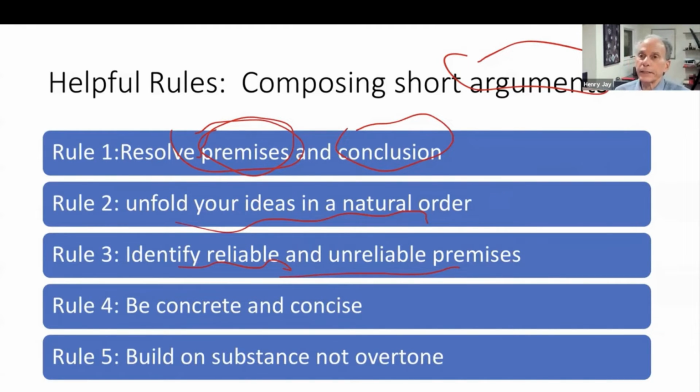How was it calculated? Be concrete and concise. That's an aspect of clear writing that Isabel has been talking about. And then you want to build on substance, not tone, meaning you don't want to support your arguments by emotions.